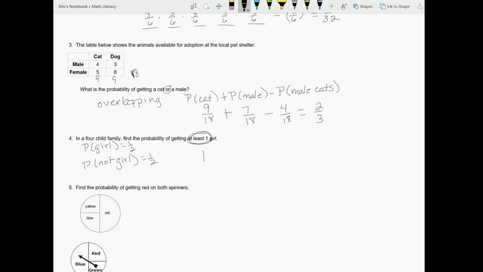My formula says I want 1 minus the probability that it's not going to happen, raised to some power where that's the n children. Well, I have 4 children, so this is going to be raised to the 4th power. I'm just going to go ahead and write that answer as a fraction, 15/16.